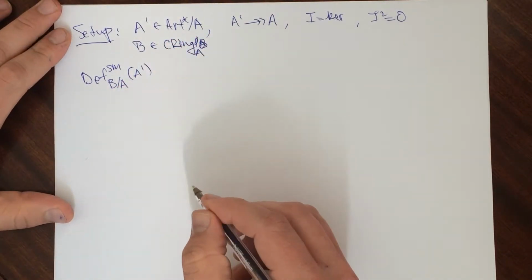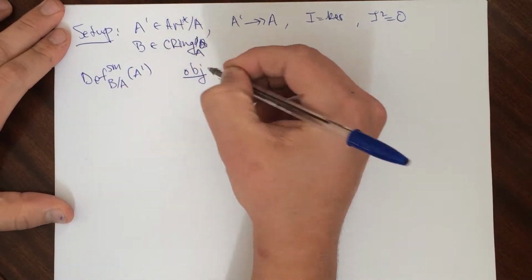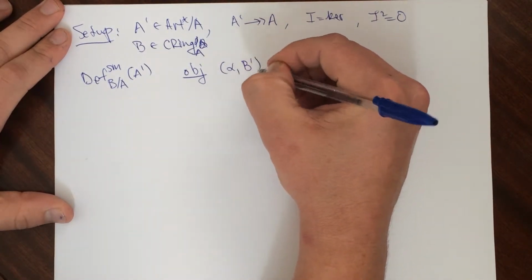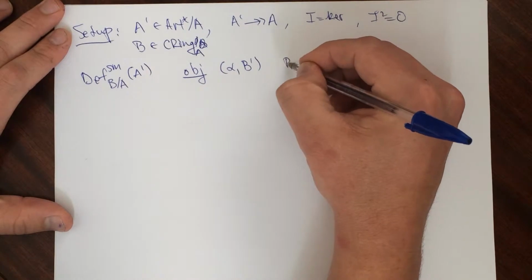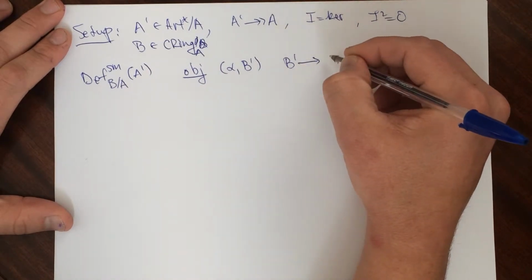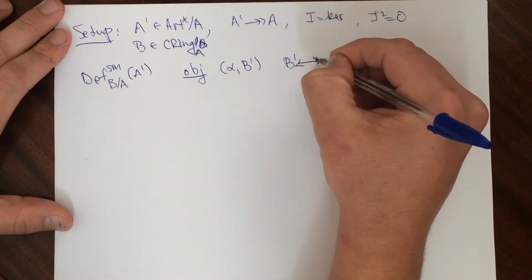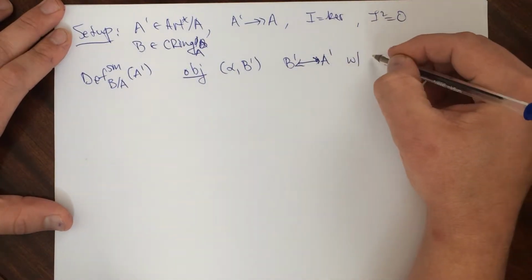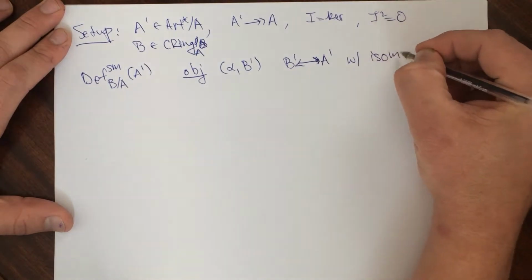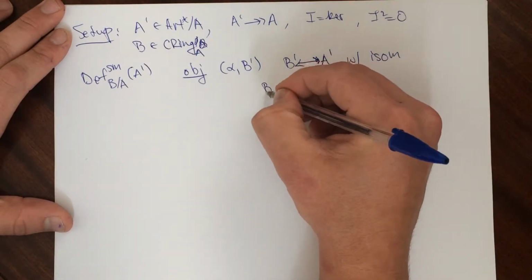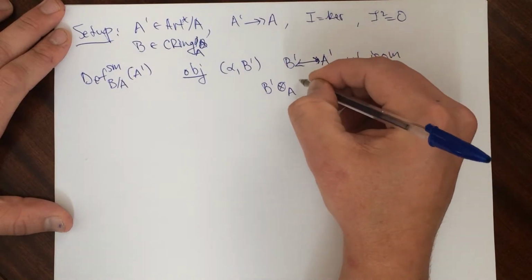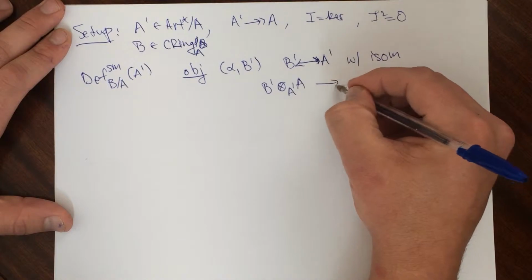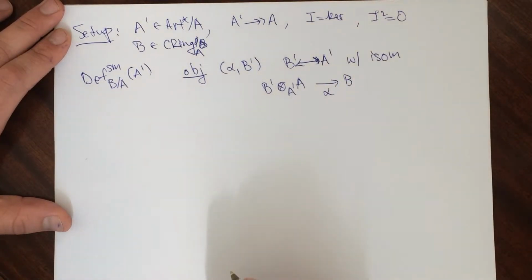So the objects here correspond to pairs alpha, B prime, where B prime is an A prime algebra with an isomorphism alpha. So when I base change to A, it's going to be isomorphic to B.